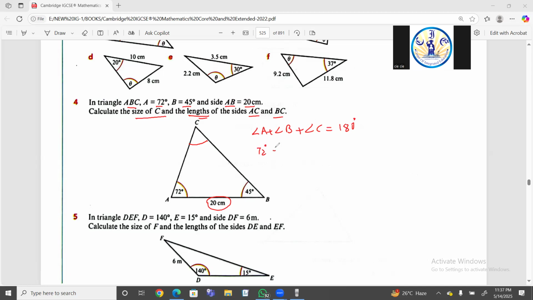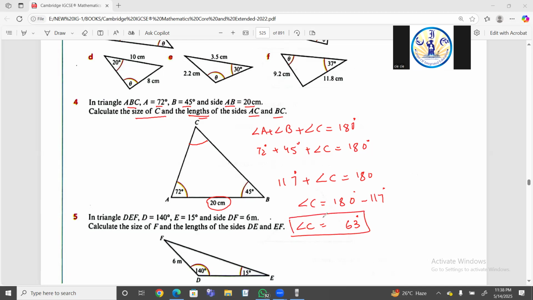Angle A is 72, B is 45 degrees, so 117 plus angle C is equal to 180. So angle C is 63 degrees. Now once I've calculated this angle C to be 63 degrees, I can use the sine rule.